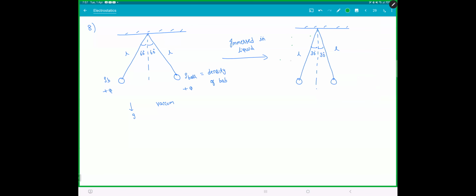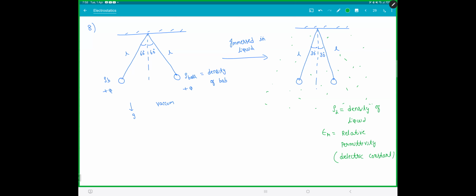And this whole space is filled with a medium, where rho L is the density of the liquid. Epsilon R is the relative permittivity or the dielectric constant. You're getting the whole scenario?